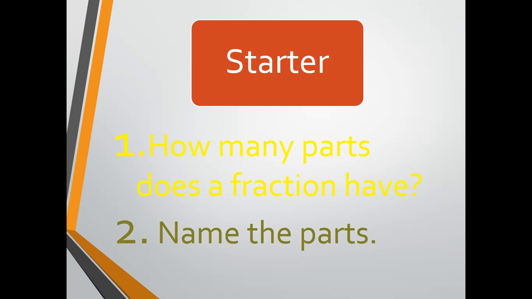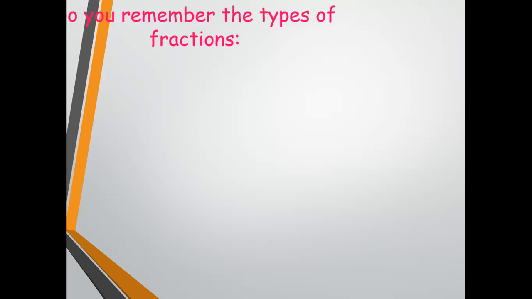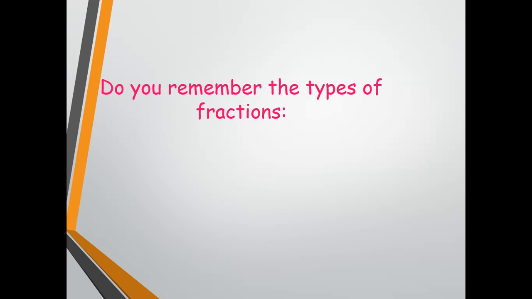Now let's have a little starter. You've heard about fractions. How many parts does a fraction have? Number 2, the parts of a fraction. Say it to an adult. Let an adult hear you saying it. Now, do you remember the types of fractions? Proper, improper, mixed fraction.